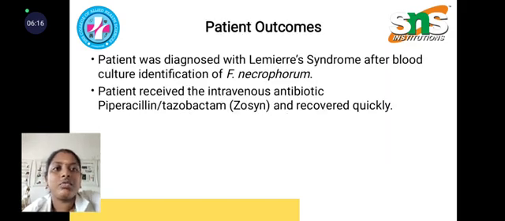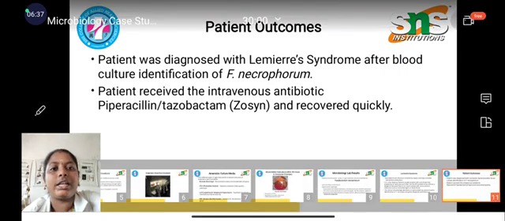The patient was then diagnosed with this syndrome after the blood culture identification of Fusobacterium necrophorum, and the patient received intravenous antibiotics, that is piperacillin-tazobactam, and he recovered with the use of these antibiotics.